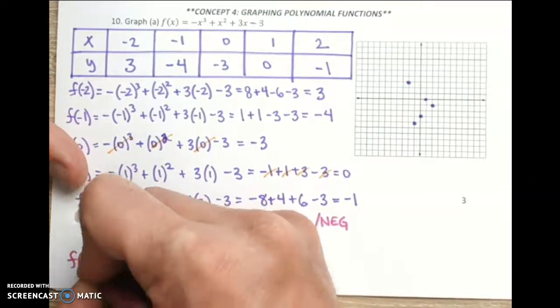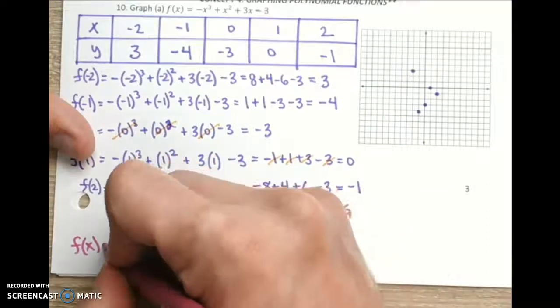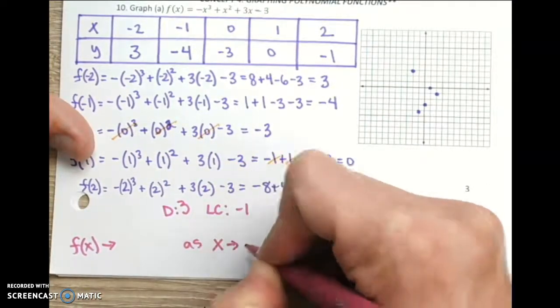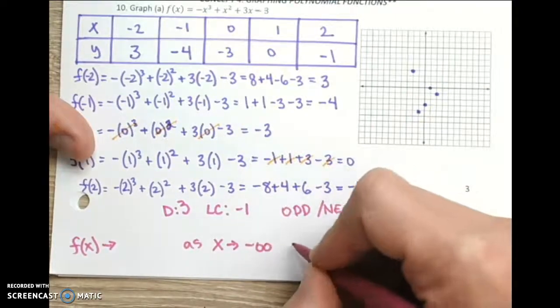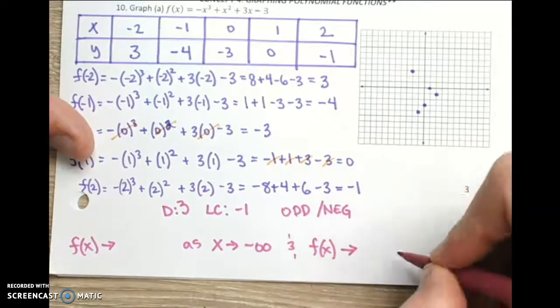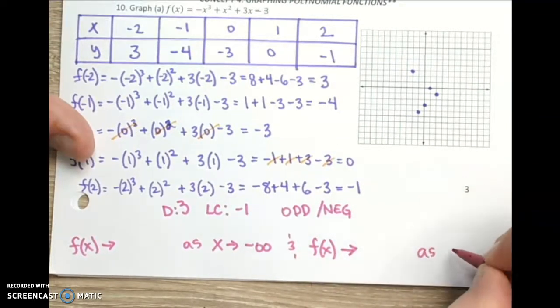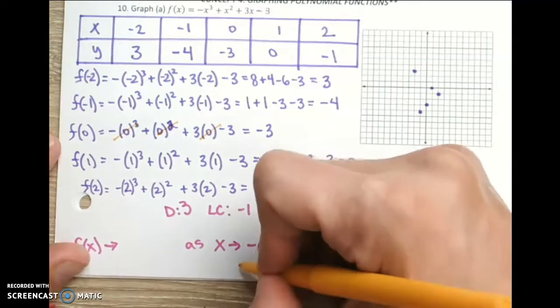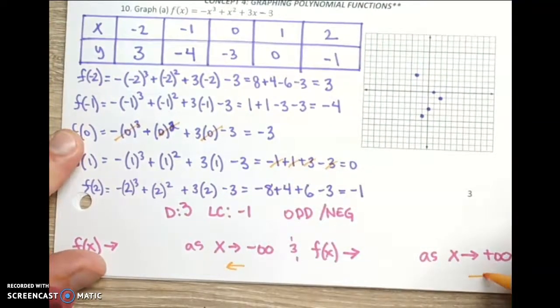F of x approaches blank as x approaches the left side, or negative infinity, and f of x approaches blank as x approaches positive infinity, or the right side. Okay. So, again, going left, going right.